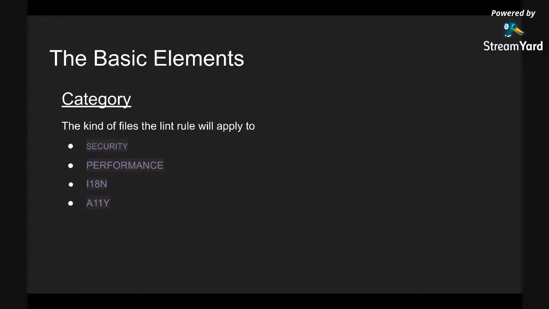The third one is category. Now, again, here I'm showing 4 categories, but there are many more such categories. The 4 categories, again, from the examples we've seen before, were security, performance, internationalization, and accessibility. There are many more, but I took these 4 because I could show examples of them from the pre-built ones.